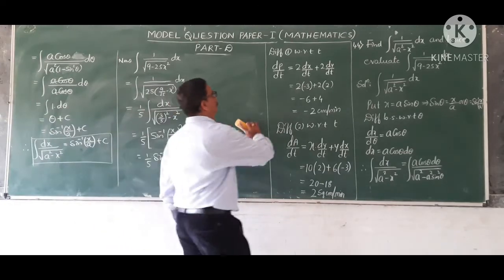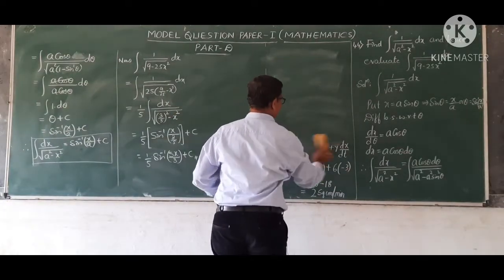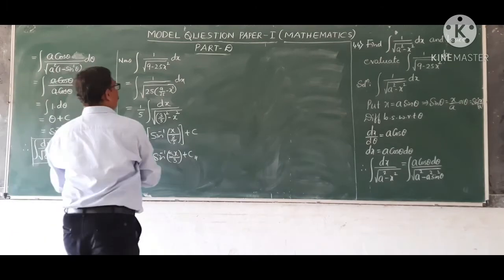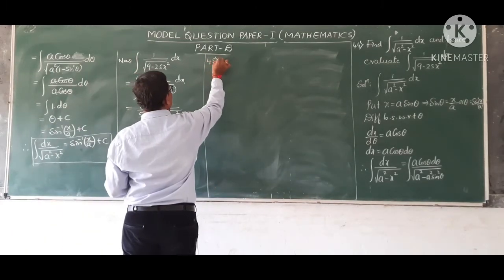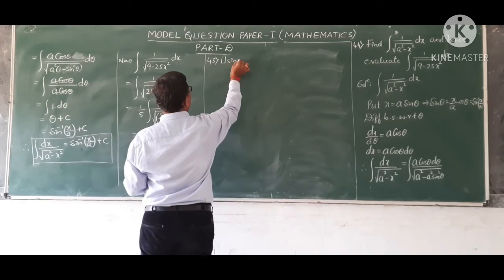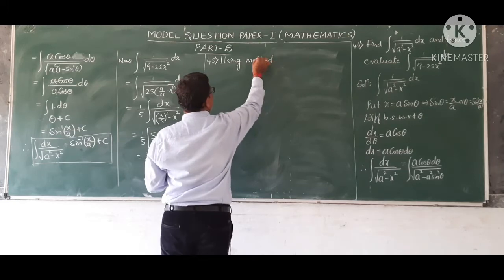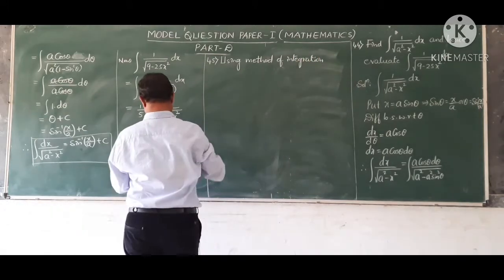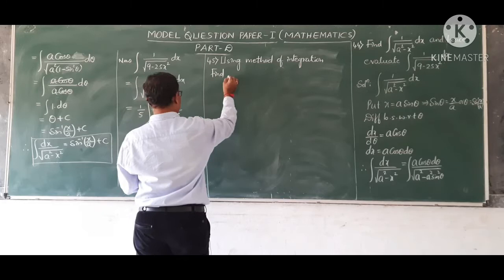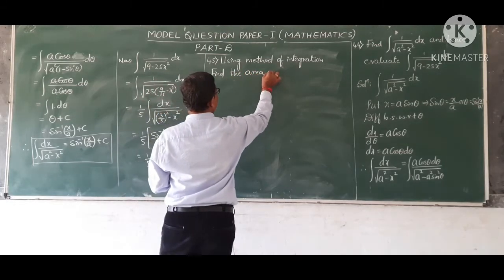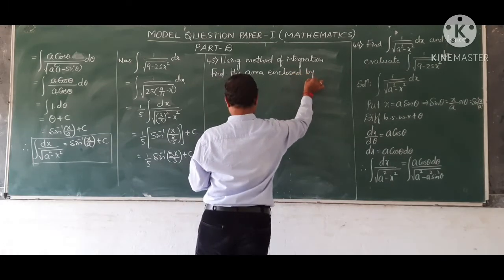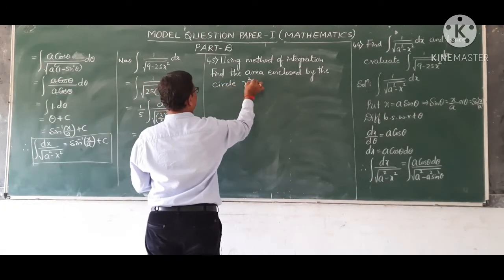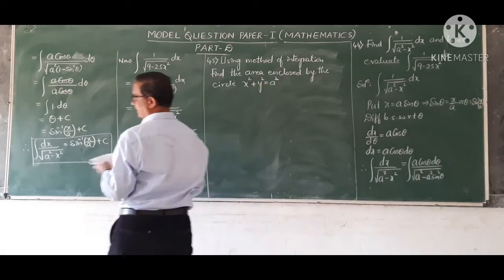Okay. Next, problem number 45. Using method of integration, find the area enclosed by the circle x square plus y square is equal to a square.